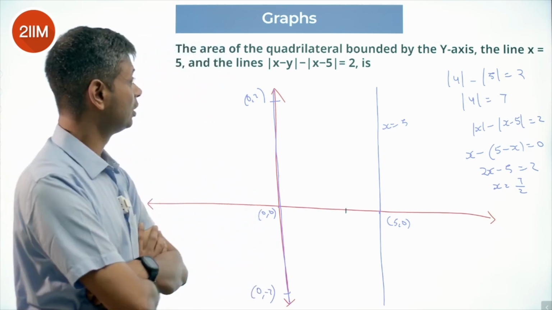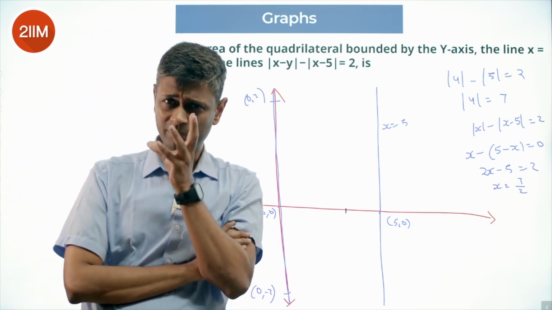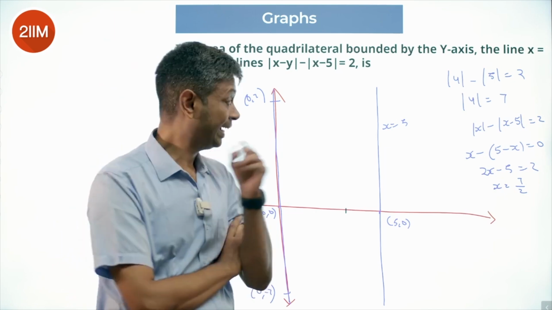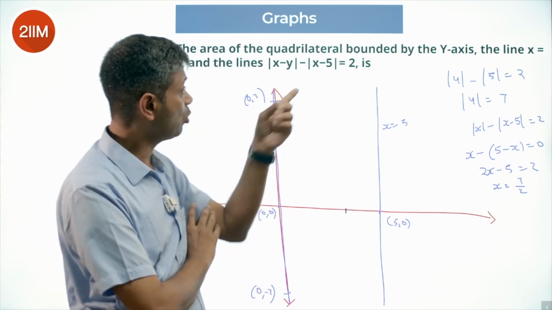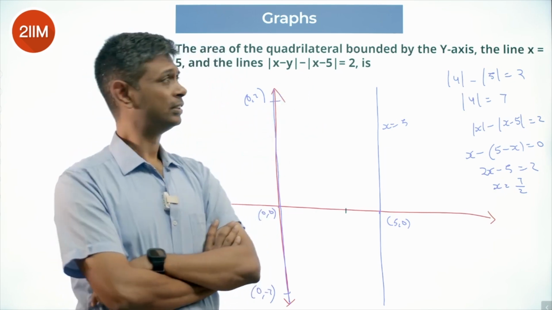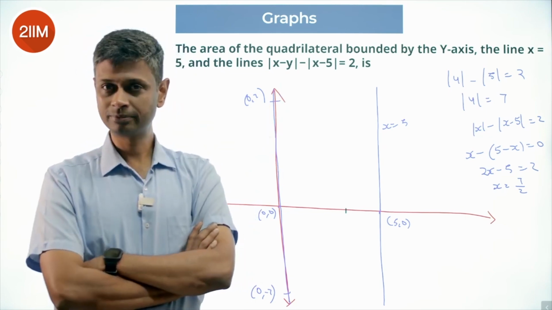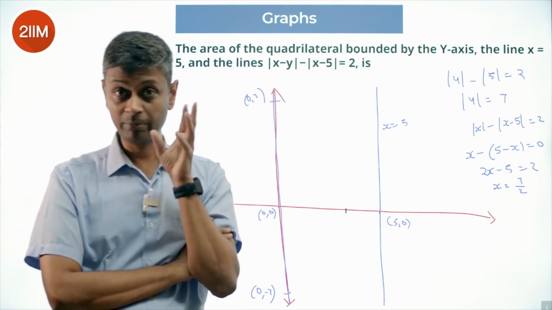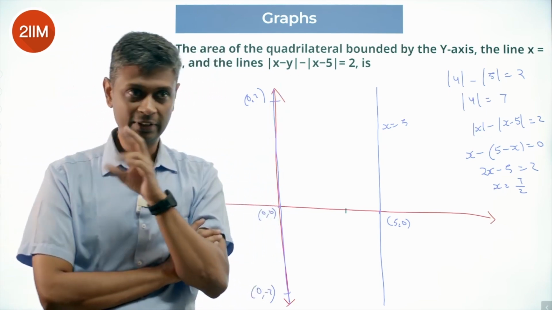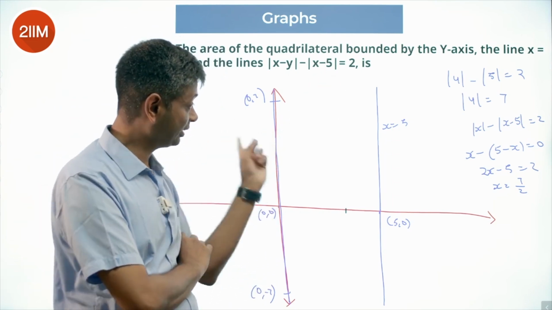Nice, beautiful. Now I know that x is between 0 and 5, x is positive, x is less than 5. So modulus of x minus 5 is 5 minus x, the distance from 5, since x is less than 5. This is going to be 5 minus x in this range.